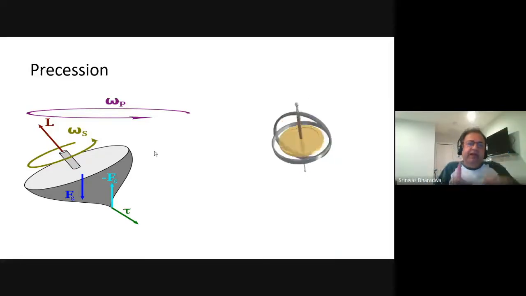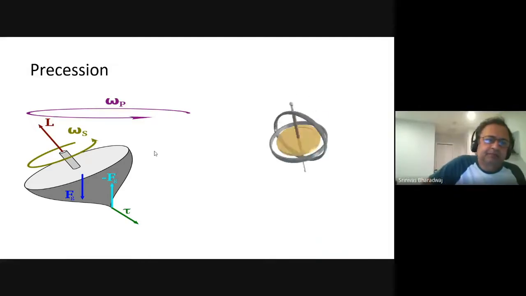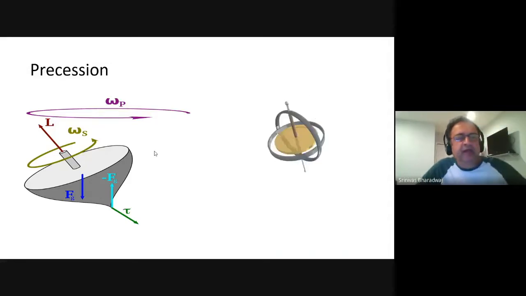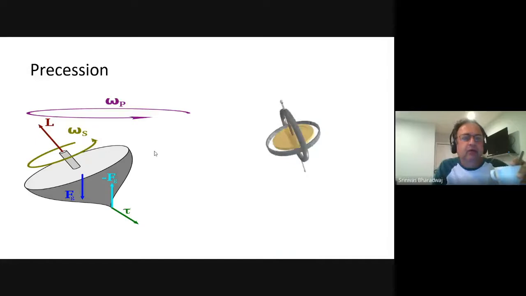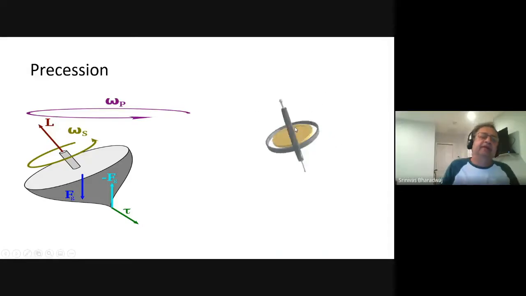This displacement is what causes this thing called torque. Torque is the moment of a force. Now what does this moment of a force do? It makes the body axis spin.